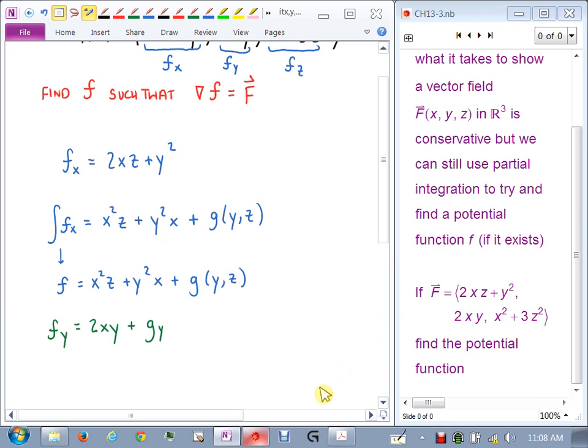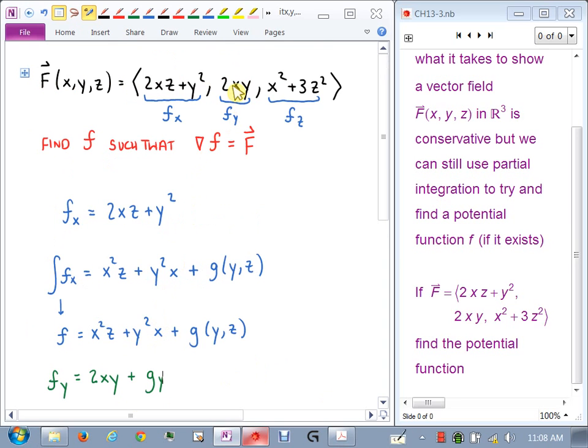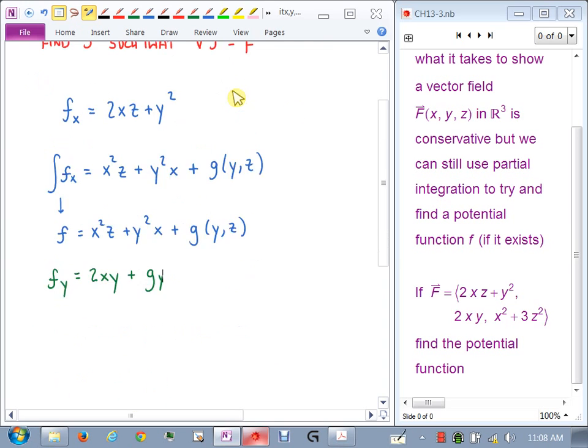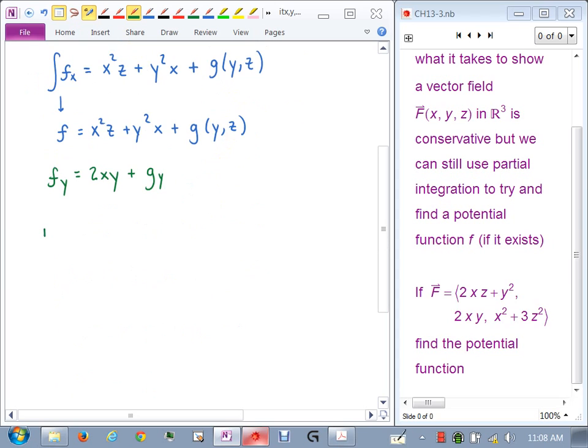But I need this right here to match exactly what I have up here, right? So I'll say therefore, be a little more mathematical. Therefore, 2xy plus partial of g with respect to y must equal 2xy from above. What does that imply?